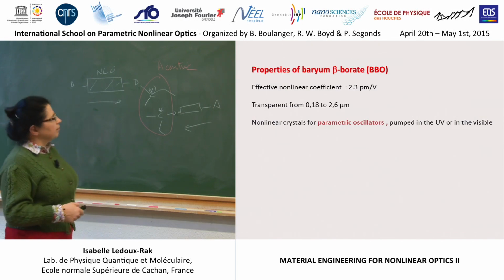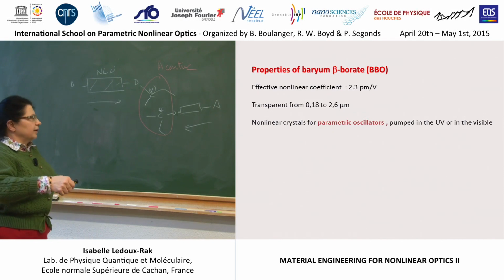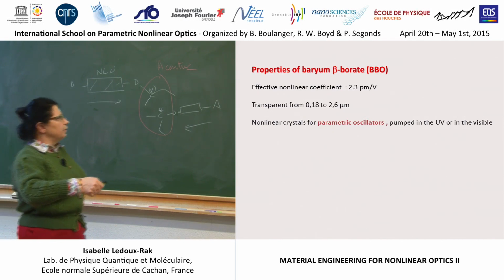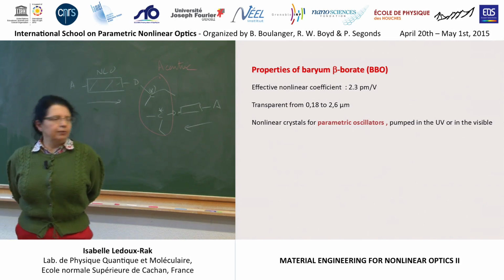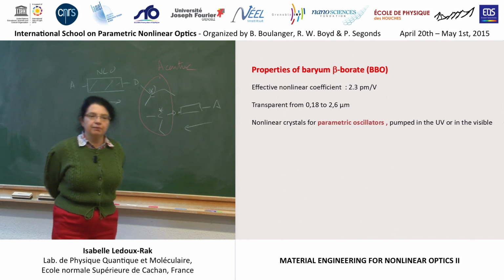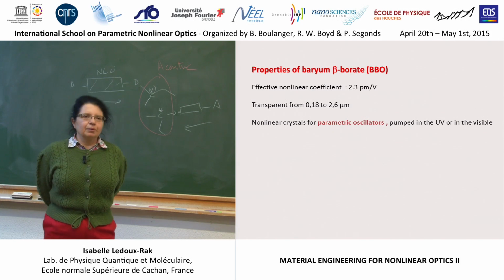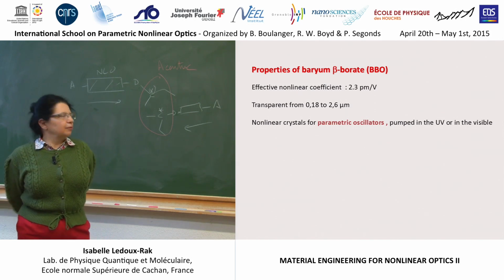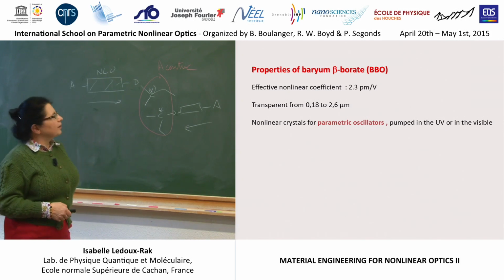For this reason, barium beta borate has been found to be very interesting, with moderate nonlinear coefficients, but wide transparency. And now they are very widely used as parametric oscillators, as pumped in the visible or UV. In a lot of presentations speaking about nonlinear optical tools, you have seen parametric oscillators made of these nonlinear crystals.